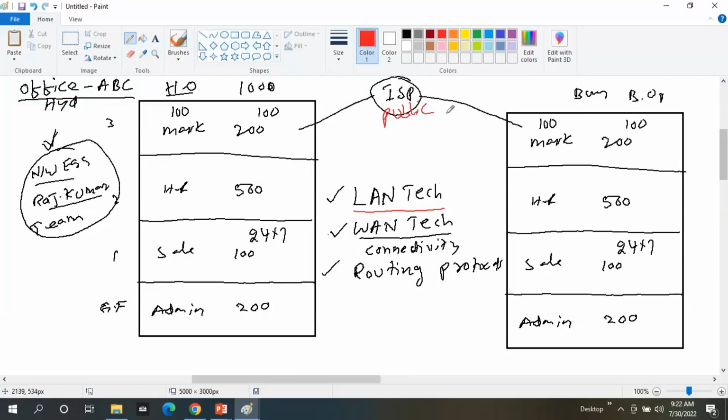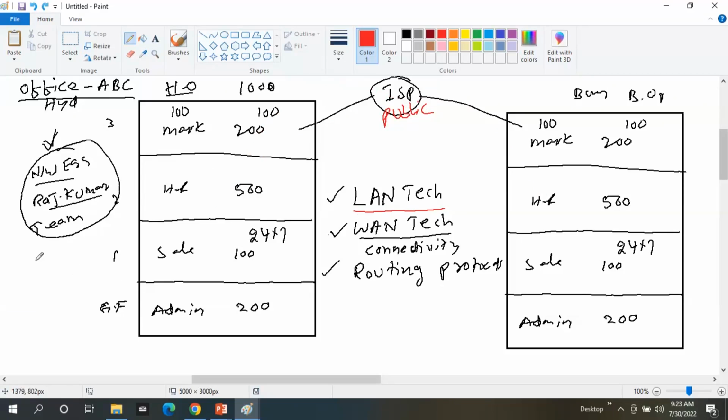Public only. Means your organization's data exchange is happening via the public domain. When data is exchanged via the public domain, there are possibilities of traffic monitoring. Someone in the middle can capture the traffic, or someone can create a fake network and inject malware. Attacks will come.